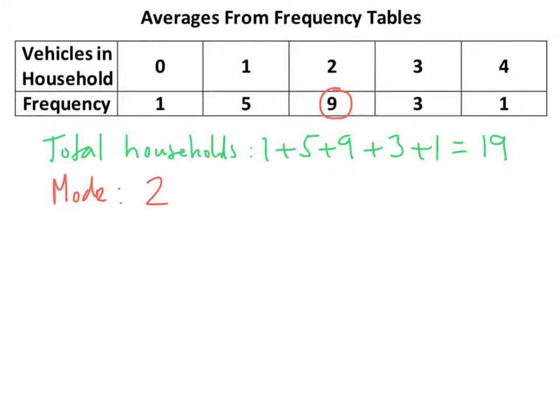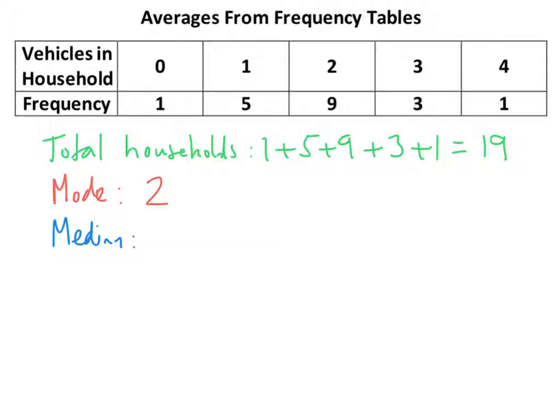Now, the group containing the median. The median is halfway. We've got 19 here, so if you remember, you add 1 and halve it, so it's the 10th bit of data.